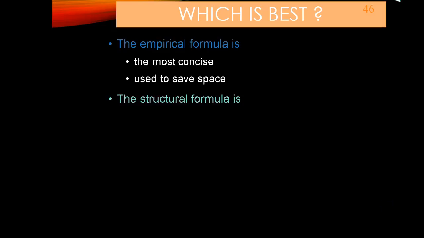Now let's go on to the structural formula. The structural formula is more accurate because it's going to tell us the exact arrangement of each of the atoms in whatever the molecule is. One of the things we want to look at now are isomers.